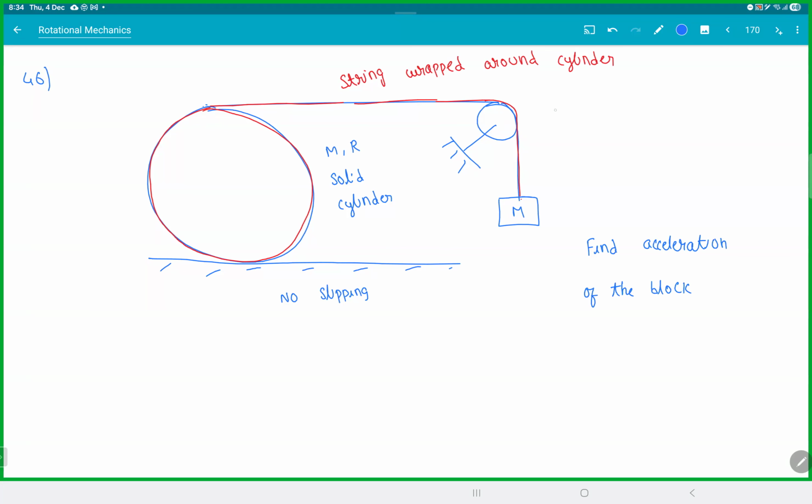This is a smooth pulley, so there is no friction on this pulley. Let's get this.